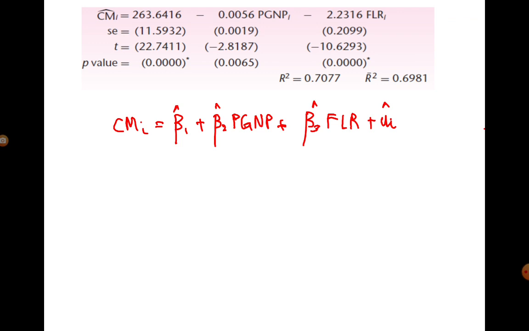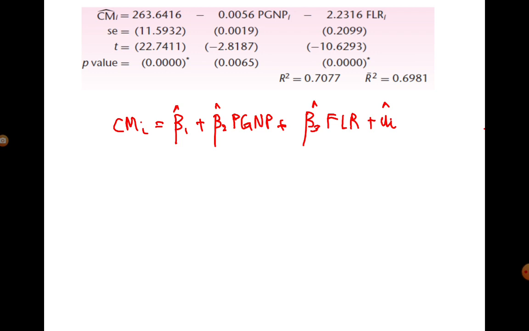The third row contains the t-values of each of the coefficients when you are saying that the null hypothesis is beta 1 equal to 0, beta 2 equal to 0, and beta 3 equal to 0 respectively.